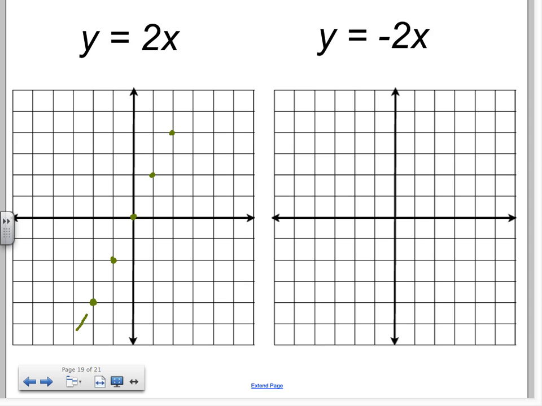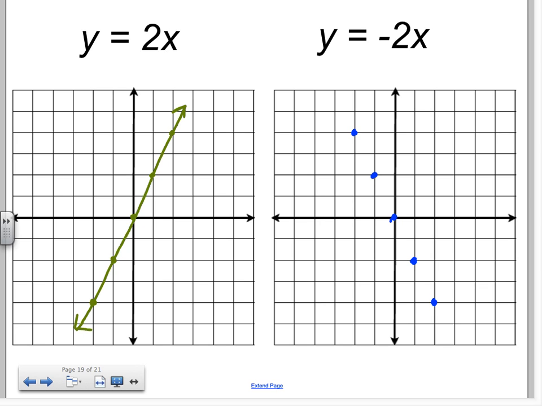Then you need to take a straight edge and make a line. Make sure there are arrows on each end. Now you're going to plot the other one. We have (-2, 4) this time, (-1, 2), (0, 0), (1, -2), and then (2, -4).